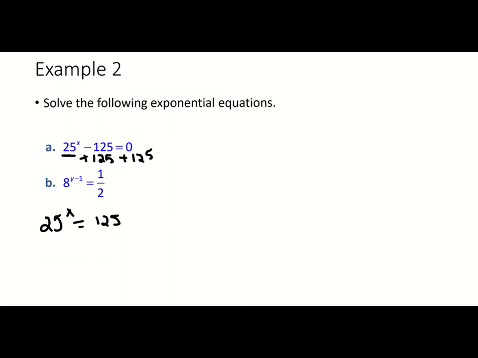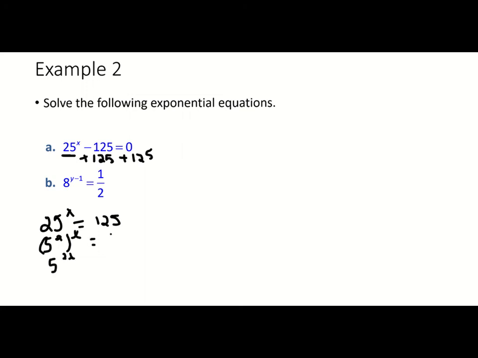Now, again, I need to have the same base for both. I know I can convert 25 to a base 5, and 125 is also a base 5. So this would be the same as 5 squared to the x, or 5 to the 2x power.